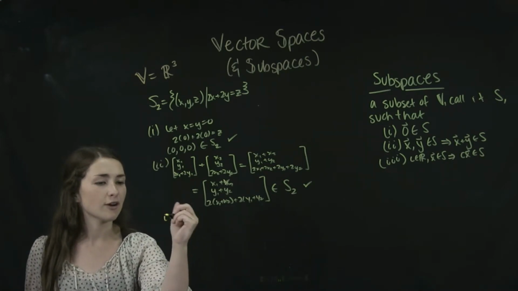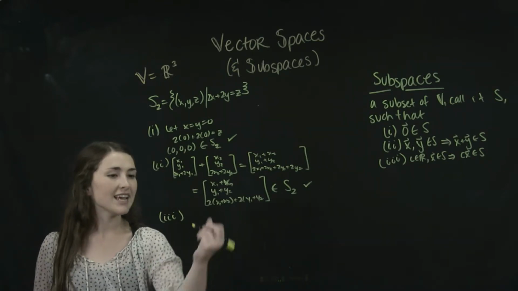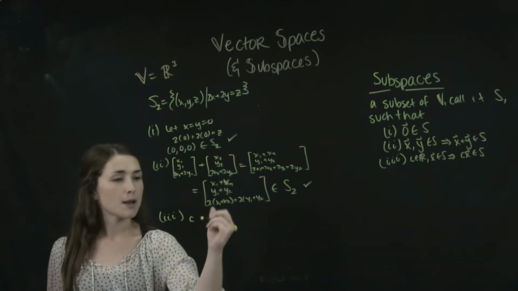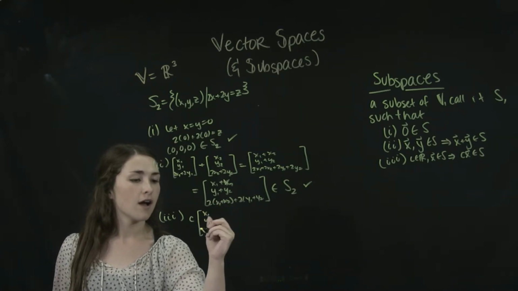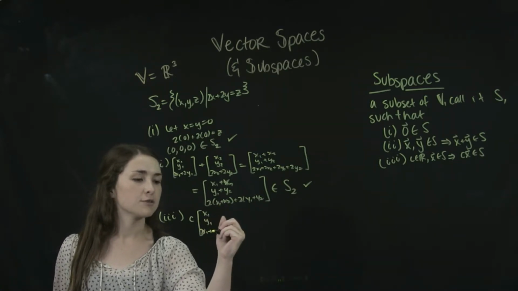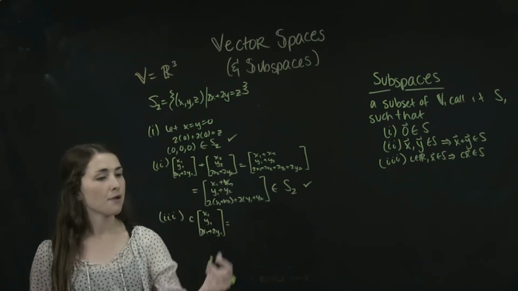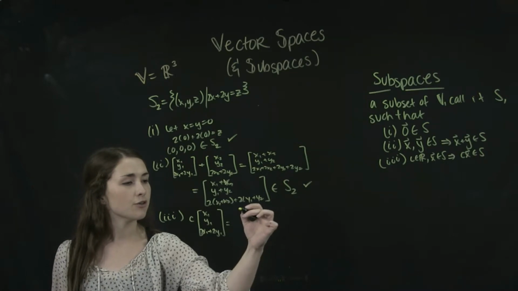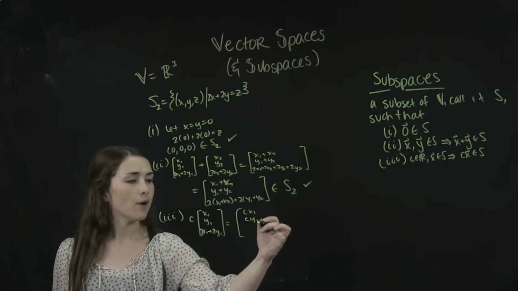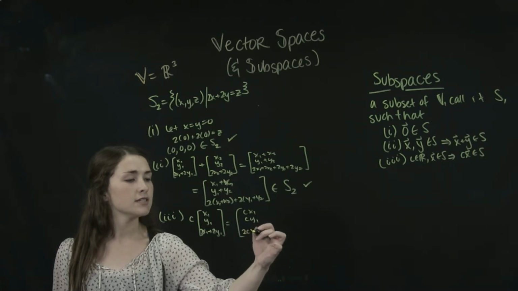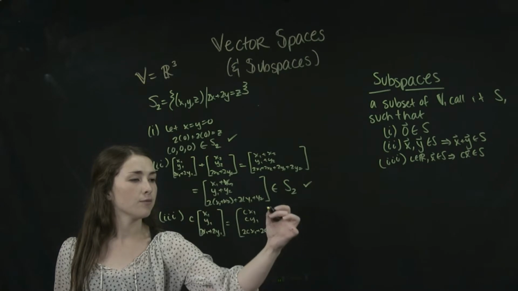So now if we look at our third condition here, we want to see if we take some constant and multiply it by any vector in our subspace. We're going to see if this is in there as well. So we're going to see that this is equal to cx1, cy1, and then 2cx1 plus 2cy1.